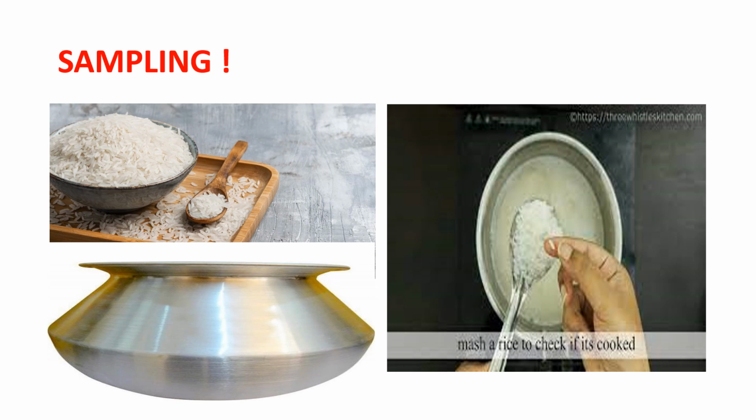They take out some rice with a ladle, mash probably a grain or two, and if it is well cooked, decide the whole pot is well cooked. So based on that ladle full of rice, an inference is drawn that the entire pot of rice is well cooked. That is an everyday sampling we have at our homes.